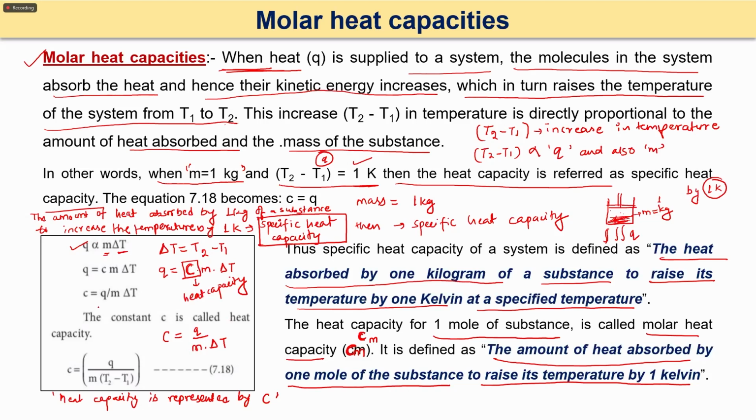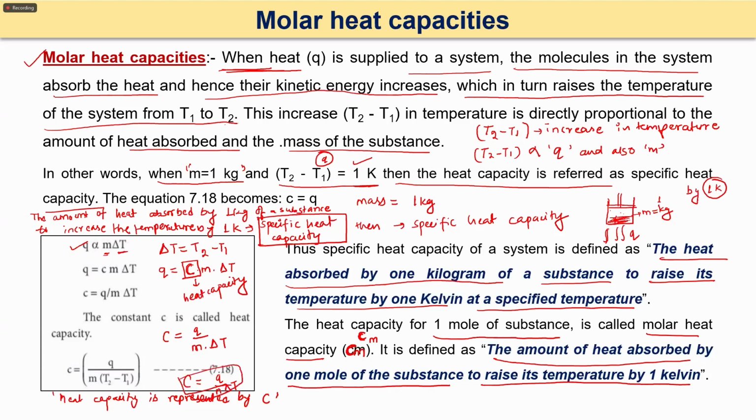If 1 kg of substance, then it is specific heat capacity. If 1 mole, then we will use C equal to Q by n into delta T.